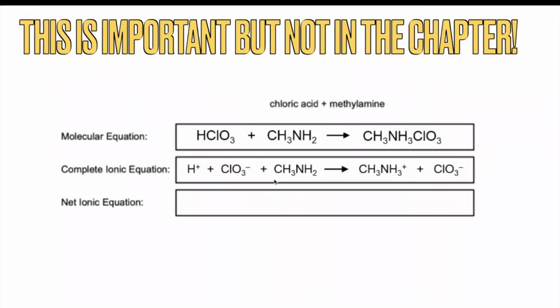Okay, so this is strong. This is now ionic. It's going to break apart. And so this is weak. It stays together. Okay, chlorate ion goes away. And now I'm left with just this. Again, notice the patterns, right? So for a strong acid and a weak base, this is the pattern.